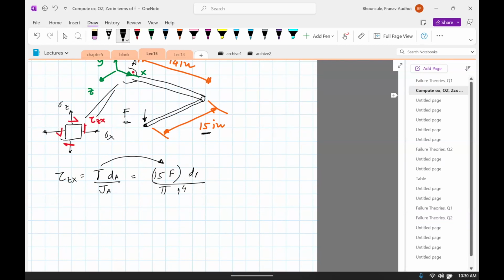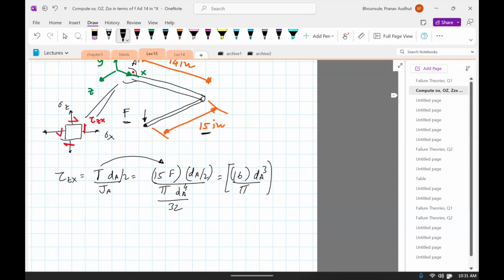Let me write the formula down here. 15 dA cubed divided by, sorry, this should be dA divided by 2, my bad, this is with the radius. So it's 16 dA cubed divided by pi.